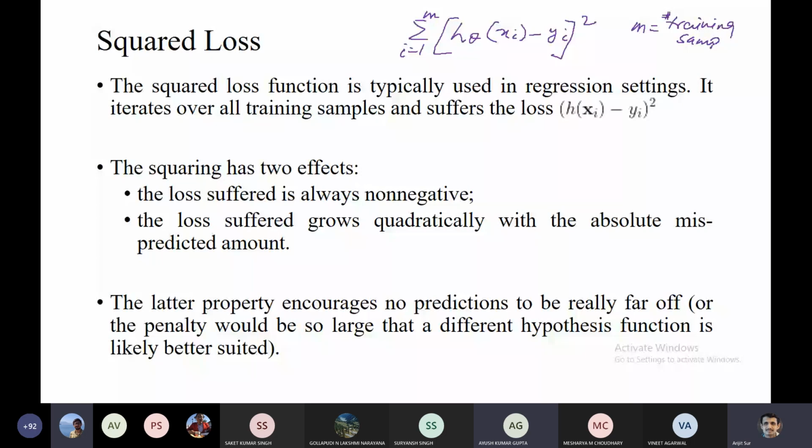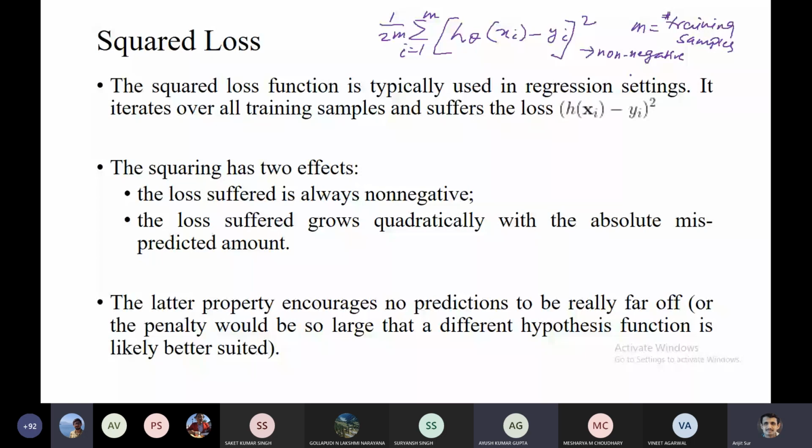So this is the squared loss. The squaring has two effects: the loss suffered is always non-negative, because it's a squared function, and the loss suffered grows quadratically with the absolute miss. You can understand it's a square function, so it grows quadratically.